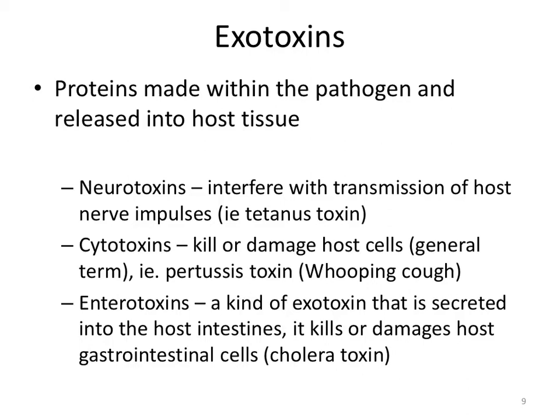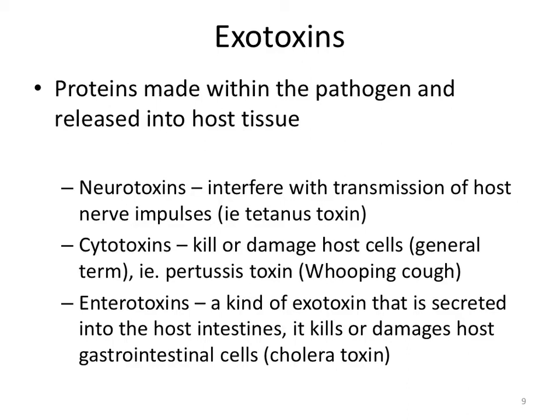It's a very general or generic term. An example of a cytotoxin is pertussis toxin, which is secreted by the organism Bordetella pertussis, as shown there. And that is the organism that causes the disease better known as whooping cough.